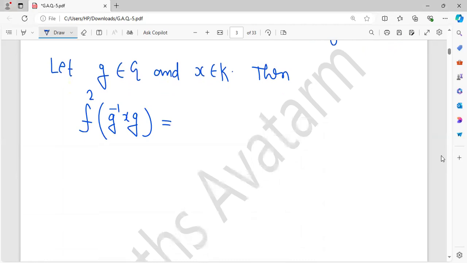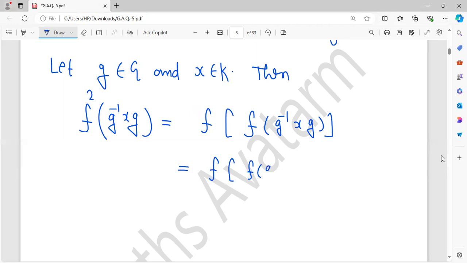What is this? This is nothing but f(f(g⁻¹xg)). So what is this? This we can write f(f(g⁻¹)f(x)f(g)).